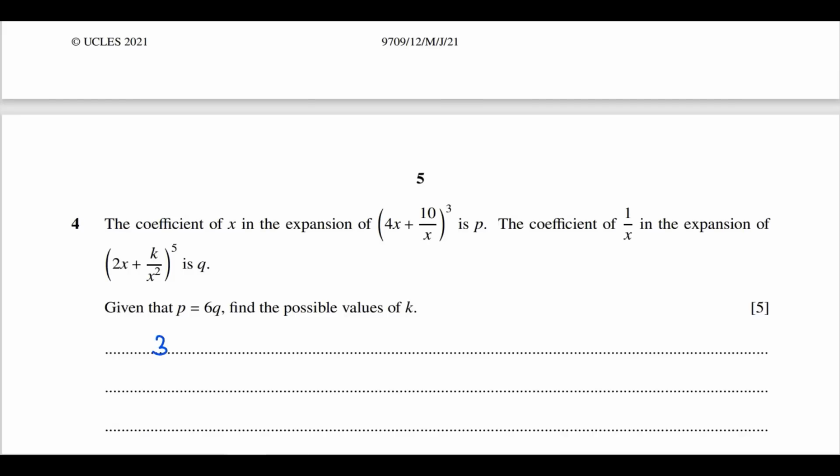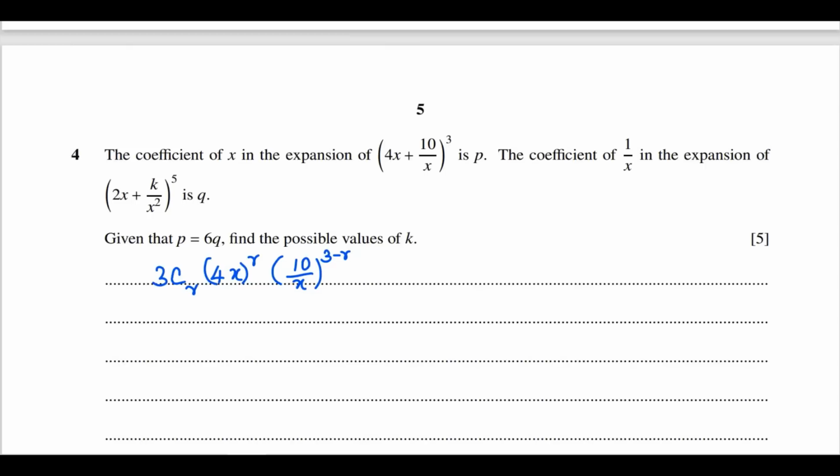So 3cr, so we have to get the coefficient of x. 3cr 4x power r, 10 over x power 3 minus r. Okay, so we need to get the coefficient of x. So we'll equate the powers.